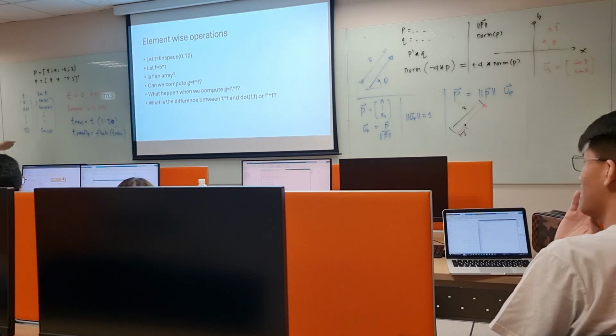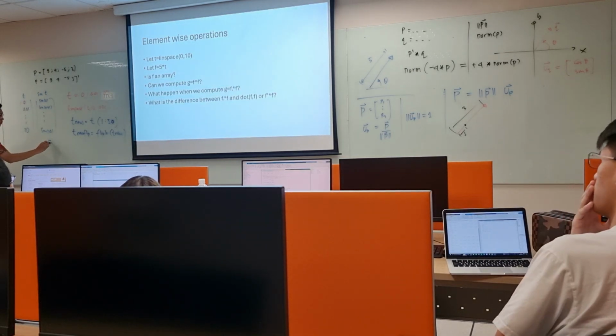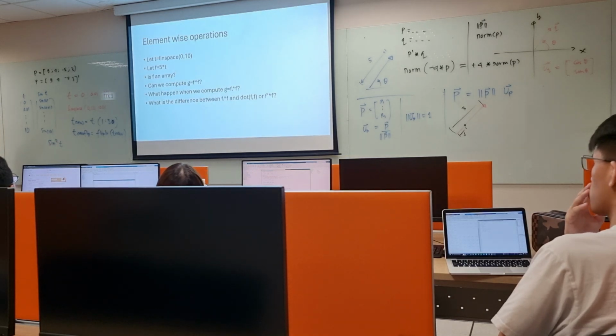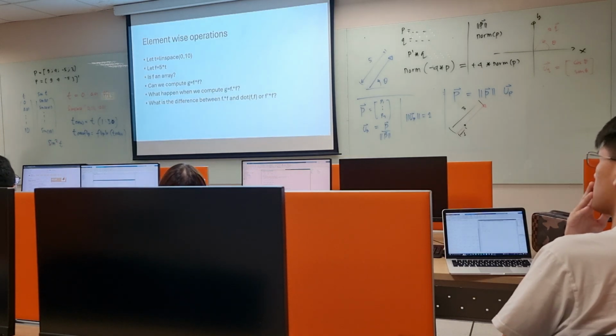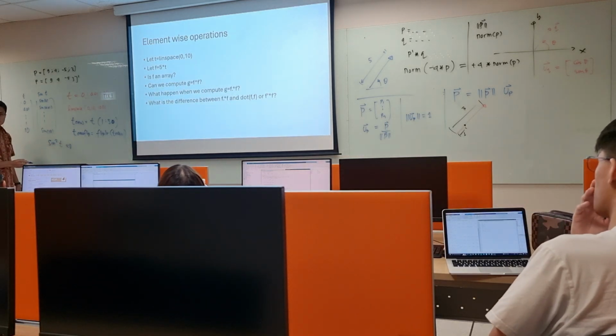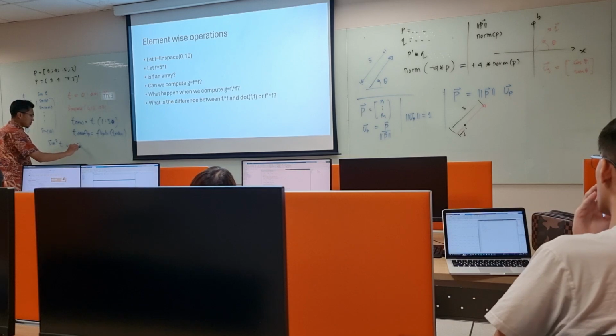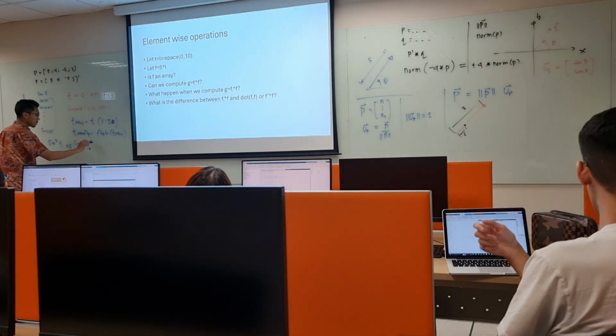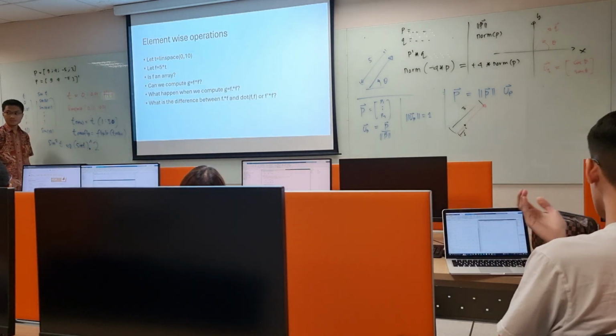If you want to do sine square of t, what do you do in MATLAB? Yeah, sine t, you can just do dot and then square, like this.